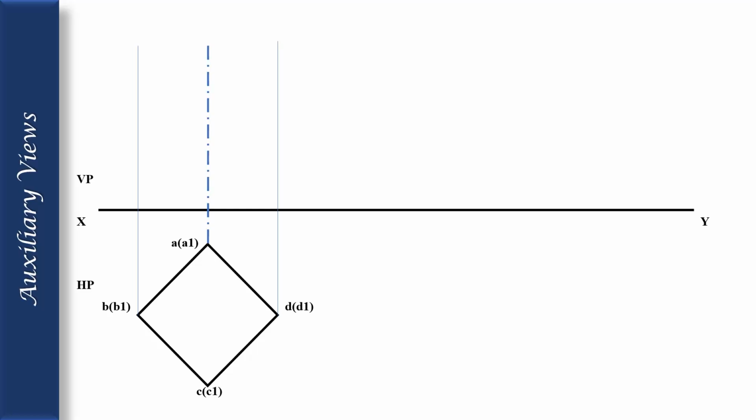So try to use the roller scale or drafter to finish the object. Okay, and then start to draw the front view of the object. Okay, this is the front view of the object.